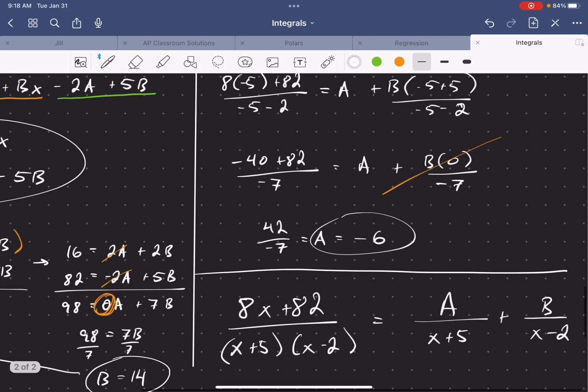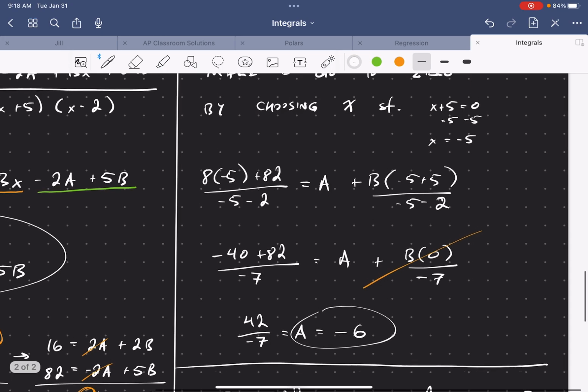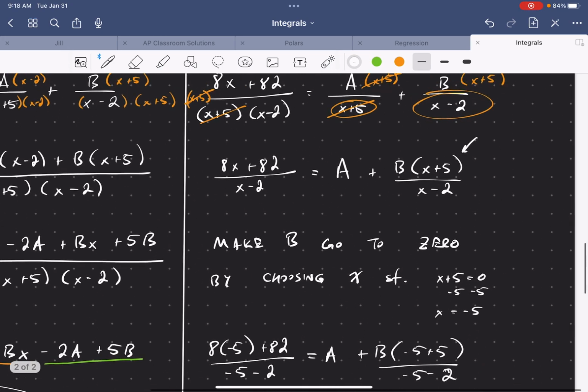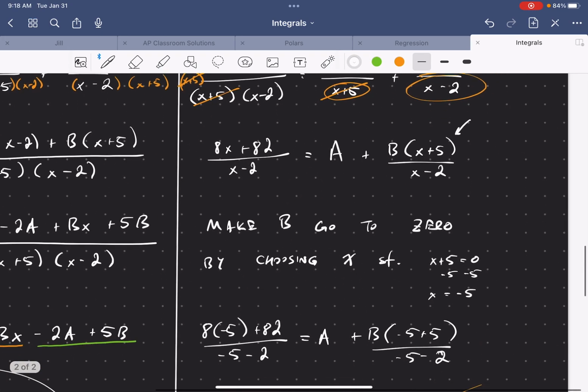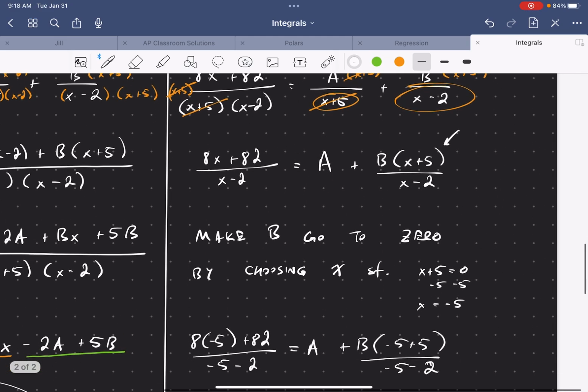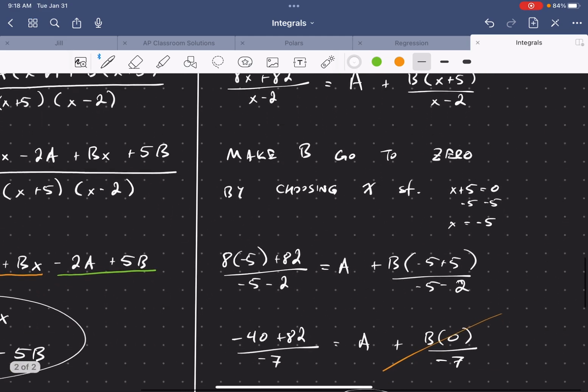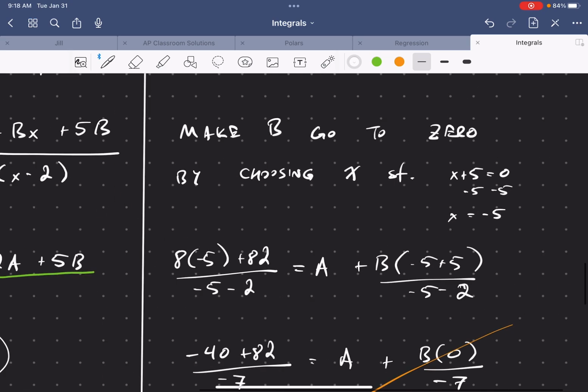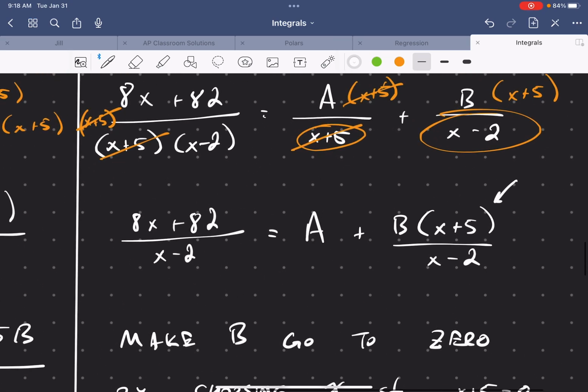Notice what happened here: we were choosing a value of x that would make the b go to 0, and that value of x ended up being the solution to x plus 5 equals 0. And the x plus 5 came from what was below the a.